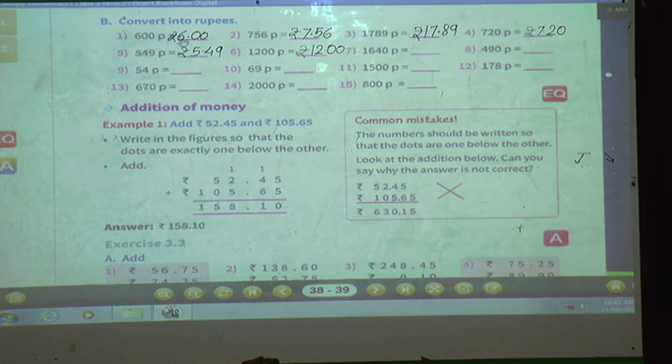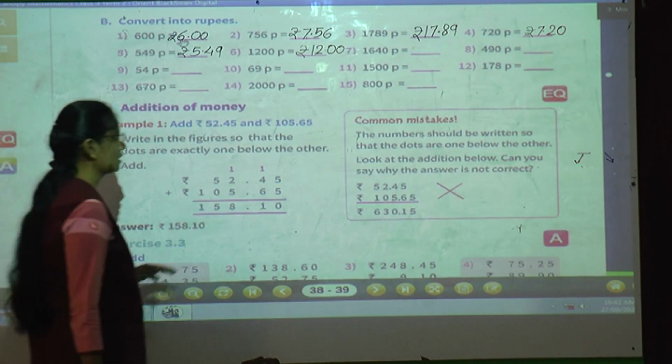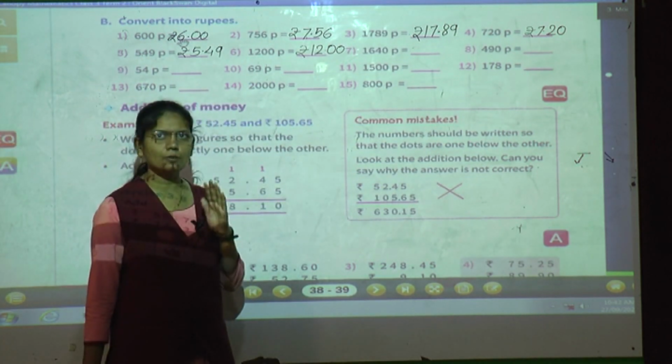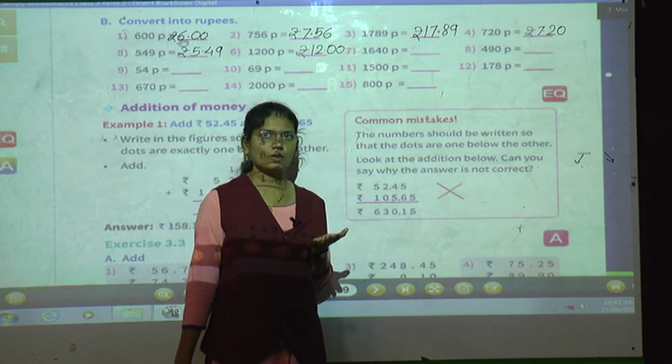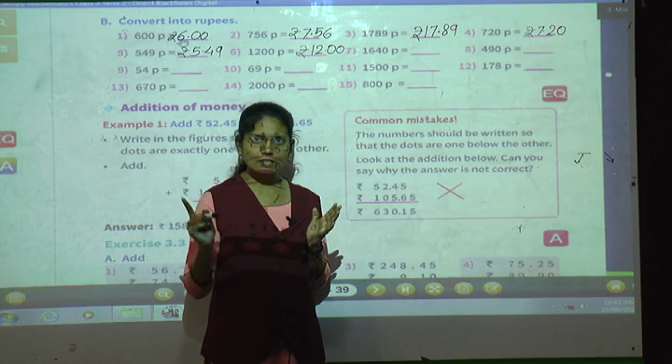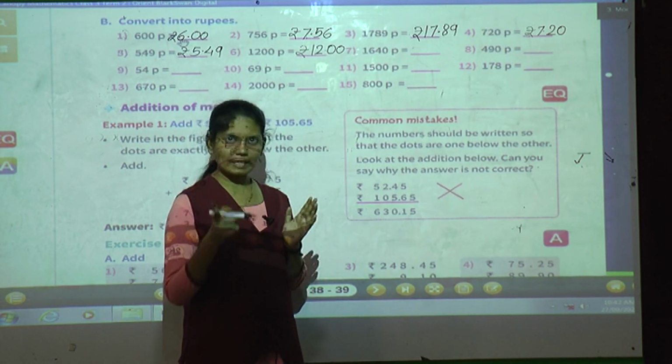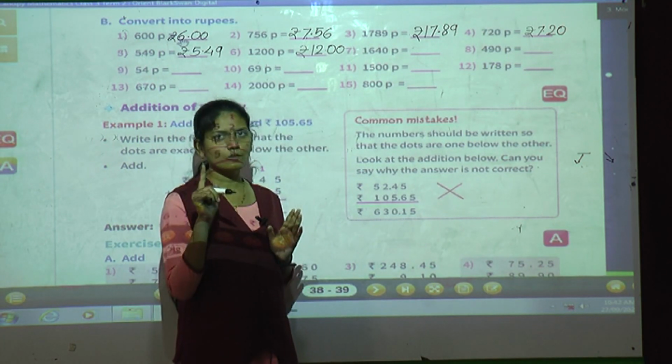Next, seventh number. Read the number: 1640 paise. 1640 paise. Now what will we do? We have to convert this paise into rupees. So what are we going to do? Yes, from the right side, before the second digit we have to put a dot.